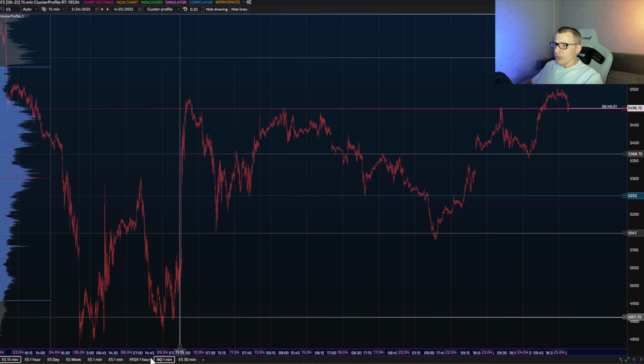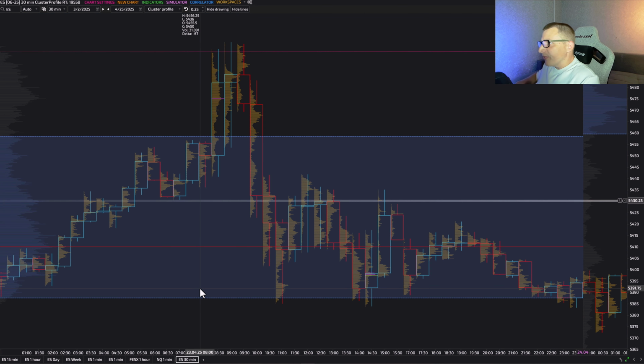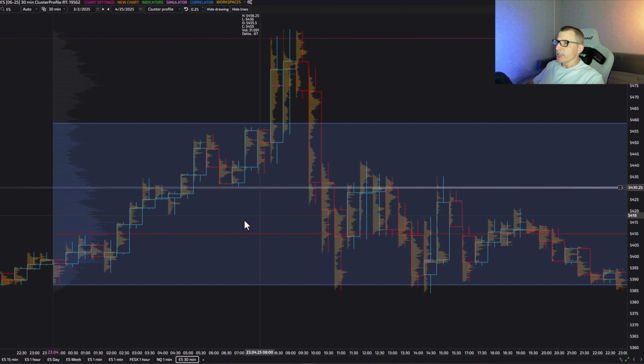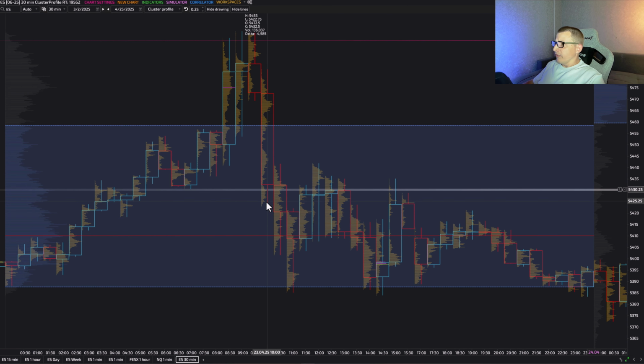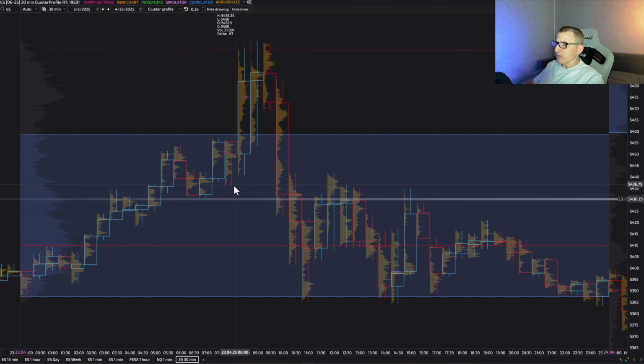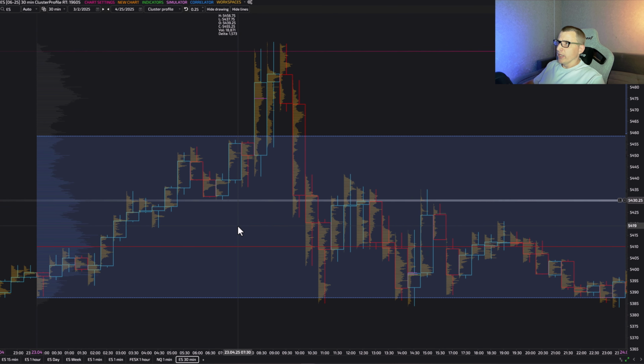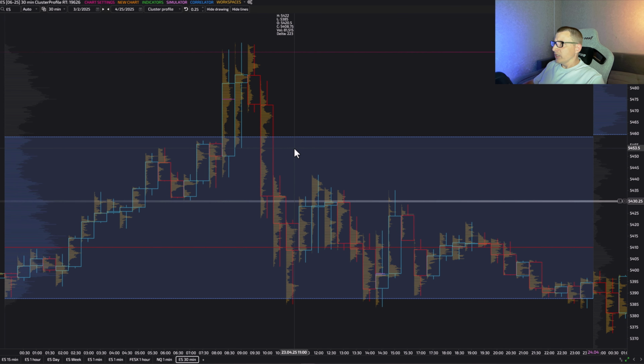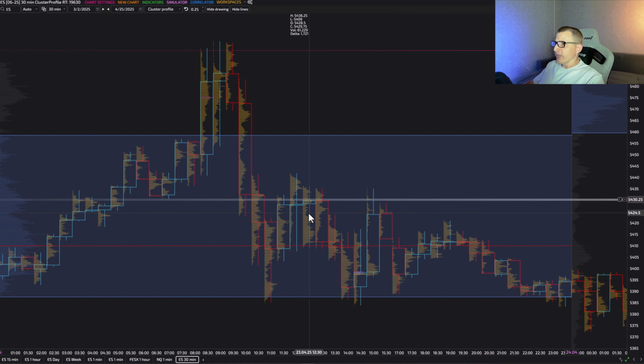Now let's analyze the previous day. Here it is. So what do we see here? Value area. Let's analyze the closure of the day, the volatility map. Let's analyze it in detail. We see this movement and we see this reaction, this counter reaction, counter directional movement.